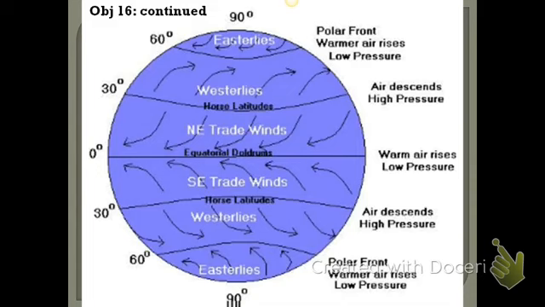All right, moving right along. You can see that this is explaining all the different global wind patterns that we have. So we talked about, again, the westerlies, and this is where we are in North America right here. Okay, so they're called the westerlies because they blow from west to east.